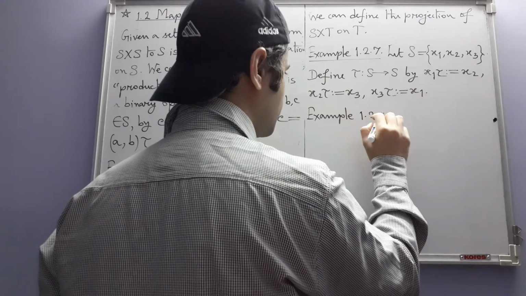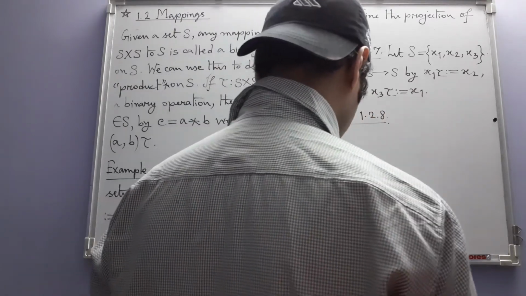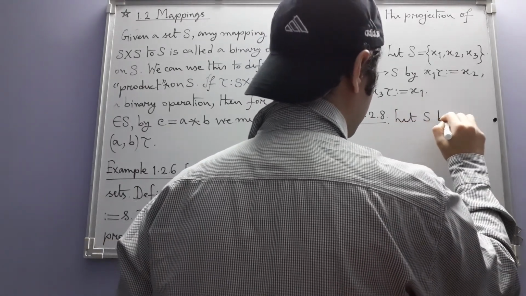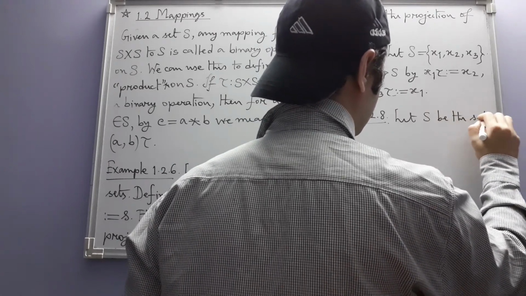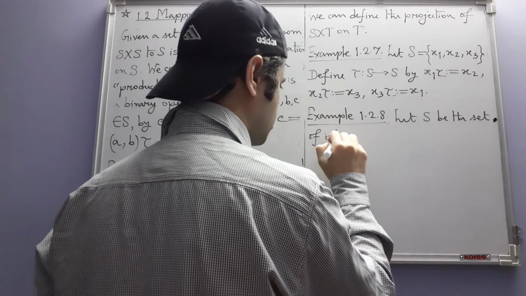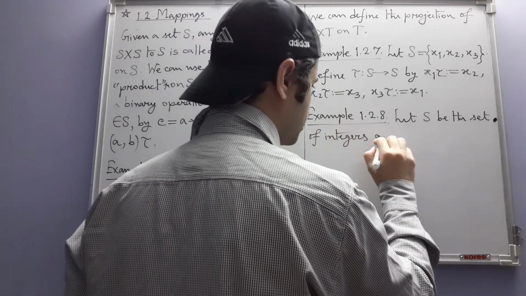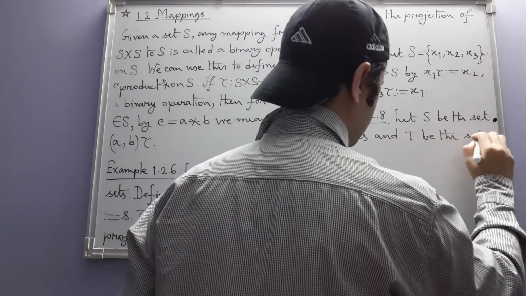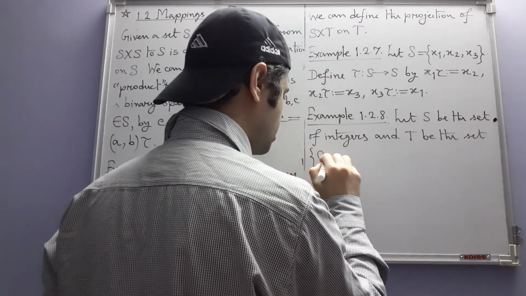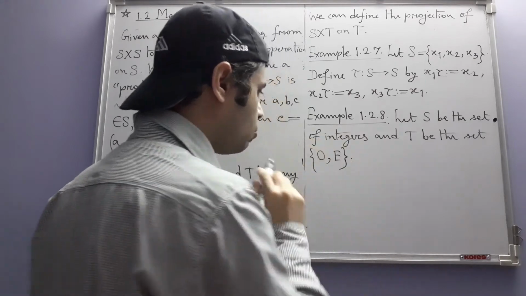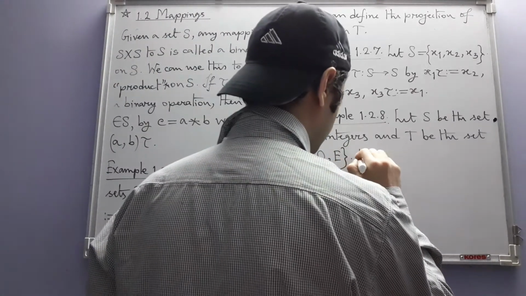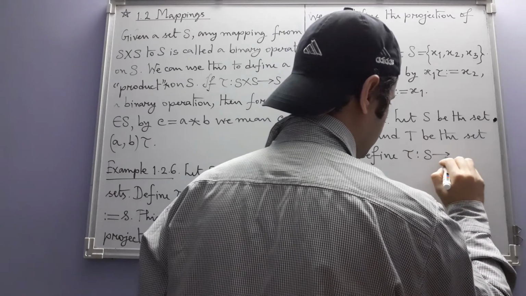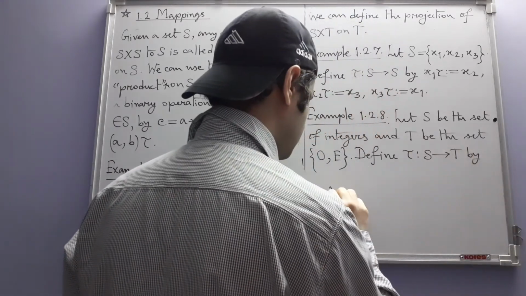Then we have example 8. Let S be the set of integers and T be the set consisting of the letters O and E. Define a mapping tau from S to T by this formula.